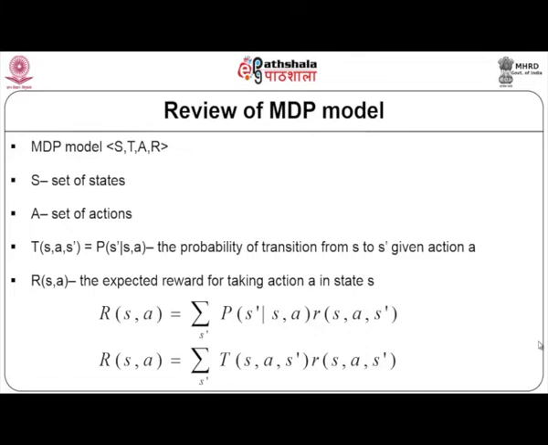R of S comma A is nothing but the sum over S dash of the probability of transition from S to S dash given action A, times the reward associated with being in S, doing the action and moving to S dash. So, the probability can be replaced by T of S A S dash and the reward by R of S A S dash.